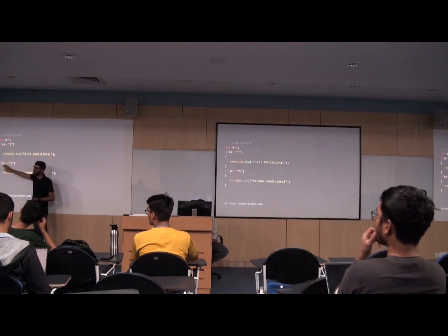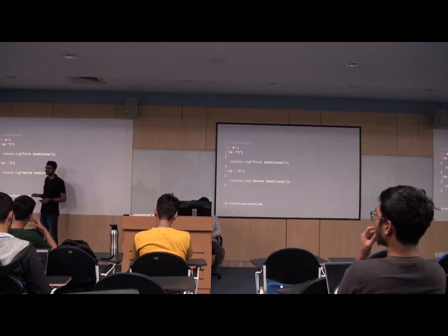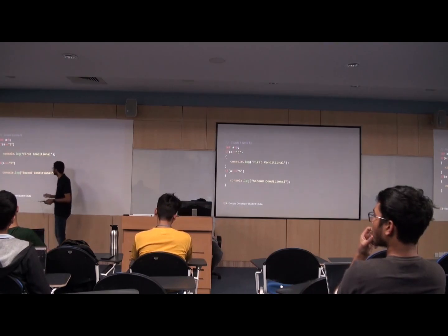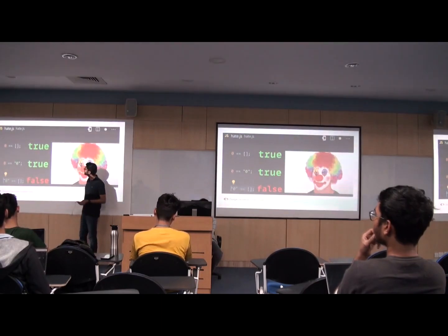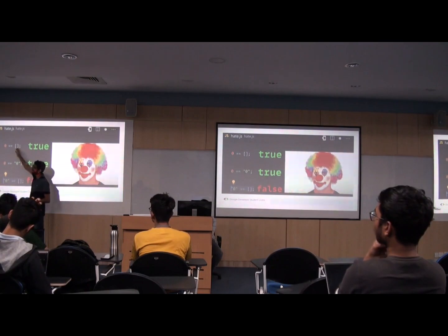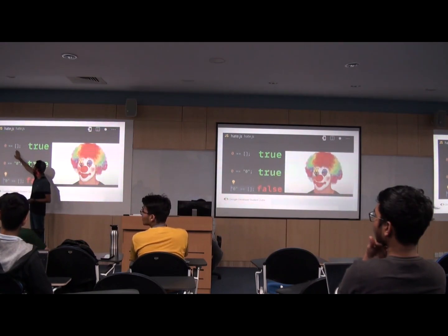Now you said it will return true when the values are equal. What is the value of this current? Why is it true? How is it true? Okay, so basic math we do. A equals B is true. A equals C is true.